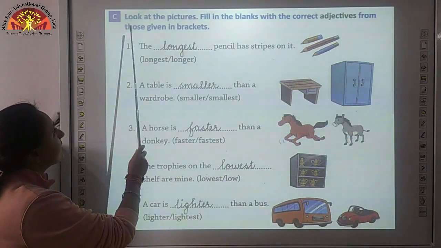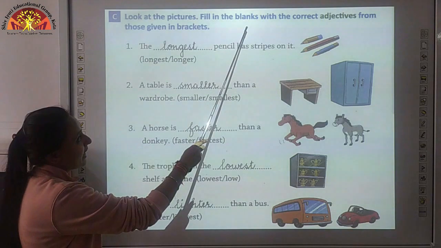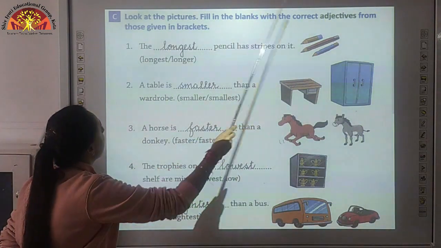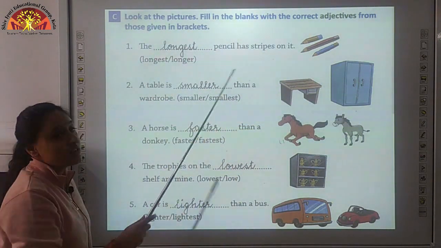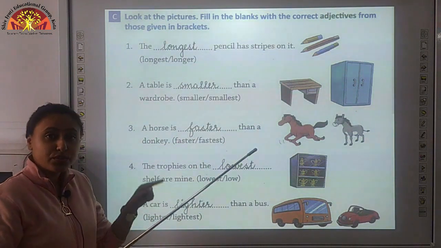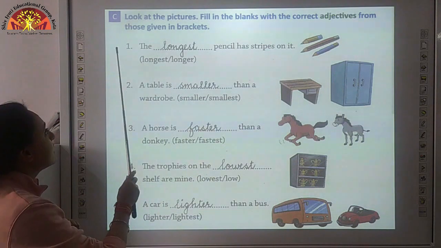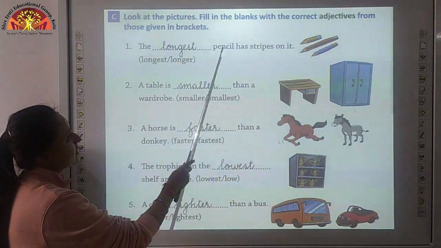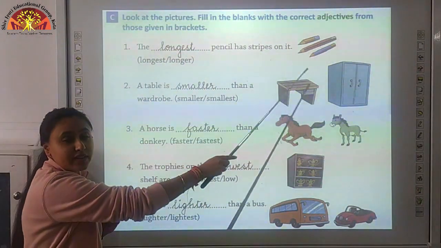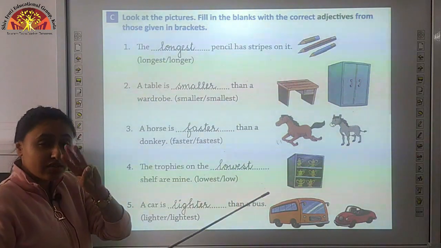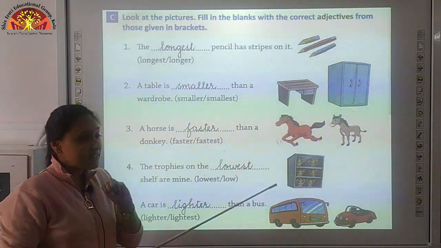Question C. Look at the pictures, fill in the blanks with the correct adjectives from those given in the brackets. So children, adjectives are given to you in the brackets. You have to choose the correct one and fill in the blanks. Number 1. The dash pencil has stripes on it. So children, here we are comparing among three pencils.